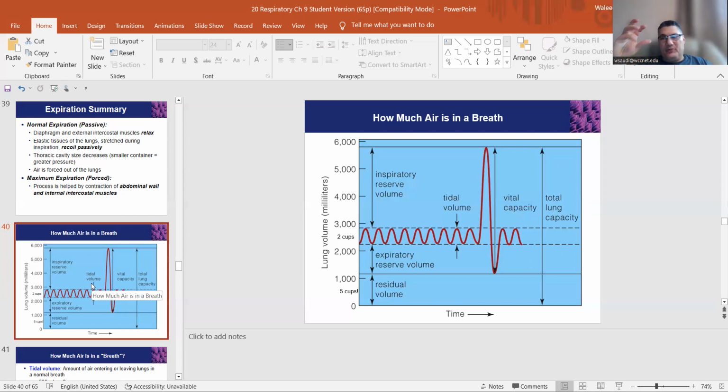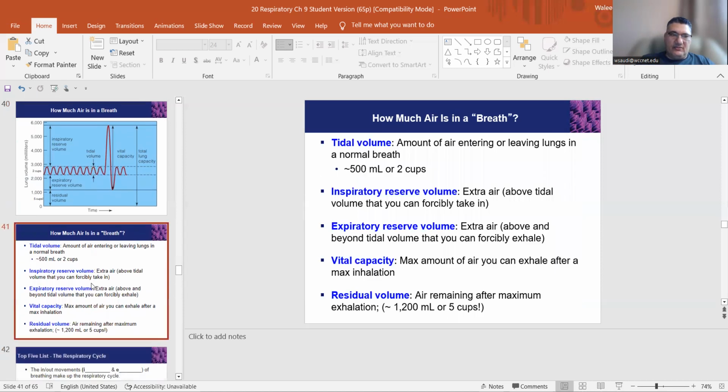So we talked about different parts of the respiratory system and the function of each one of those. And we also talked about volumes and capacities. This is important to know. And here are the definitions. Tidal volume is normal breath in and out, about half a liter or 2 cups.